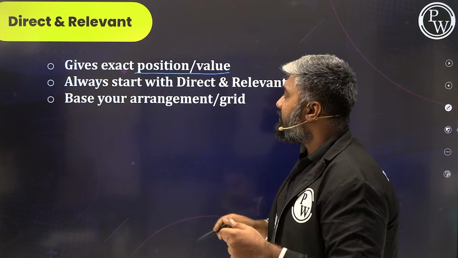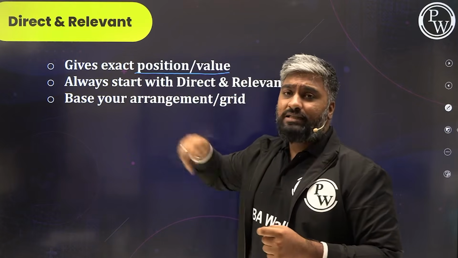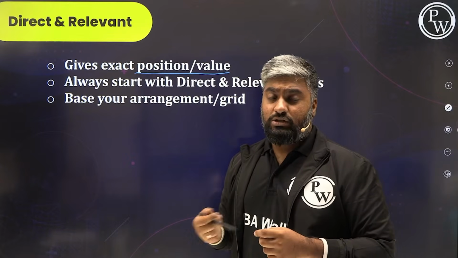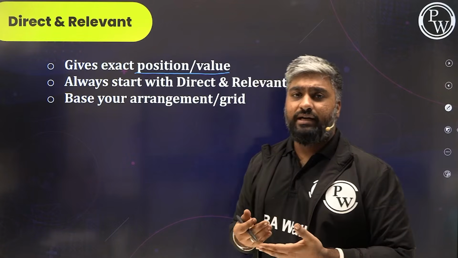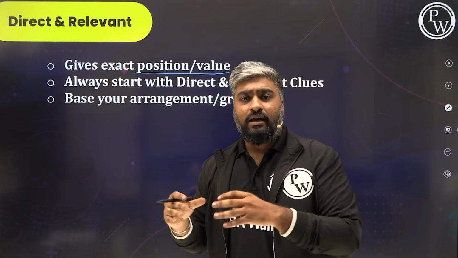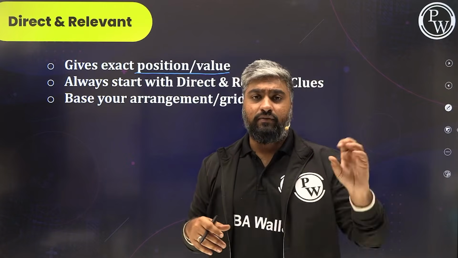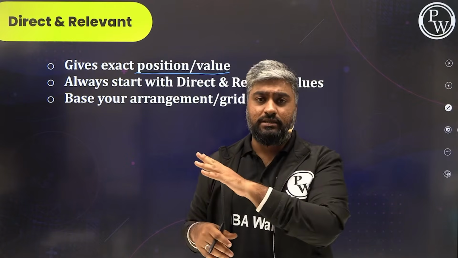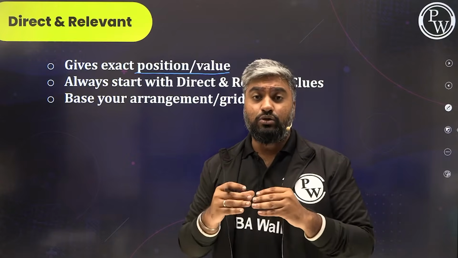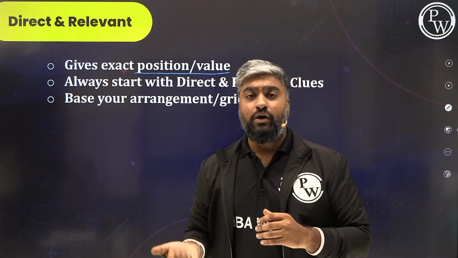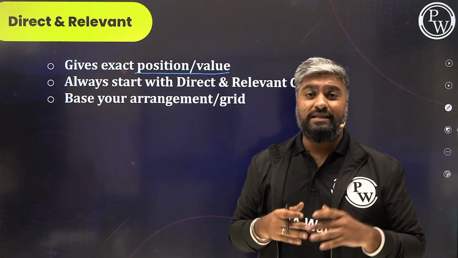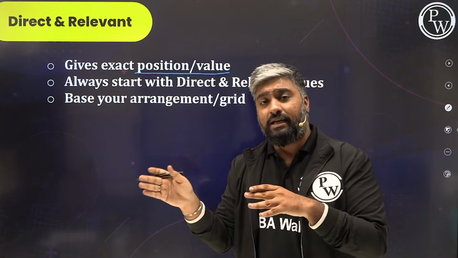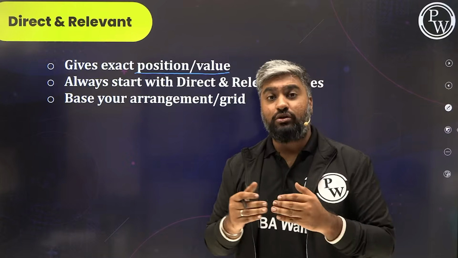At the same time, whenever you start with a direct and a relevant clue, a relevant clue could be, let's say you've decided to fix position, right? First, second, third, fourth, fifth positions. If you're fixing that, then the clue should be relevant to that. Or if you've decided to fix, let's say, people's names, A, B, C, D, E, then the clues that you pick up should be relevant to that.